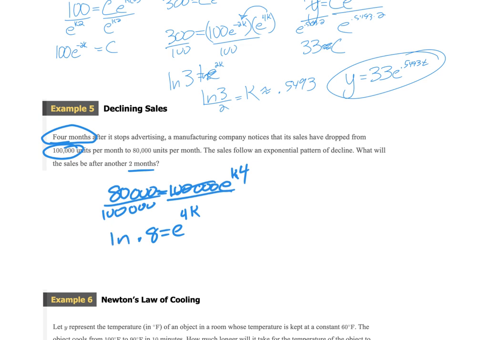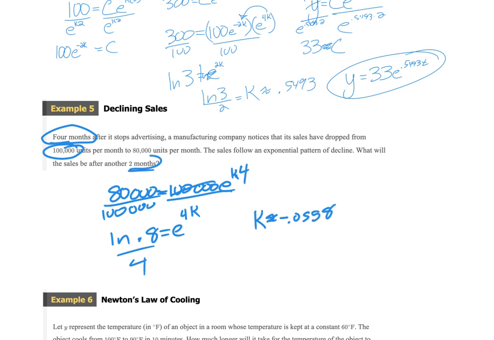So again, take the natural log. We'll divide by 4. I hope you see that these steps are happening. So k equals natural log of 0.8 divided by 4 is approximately negative 0.0558.